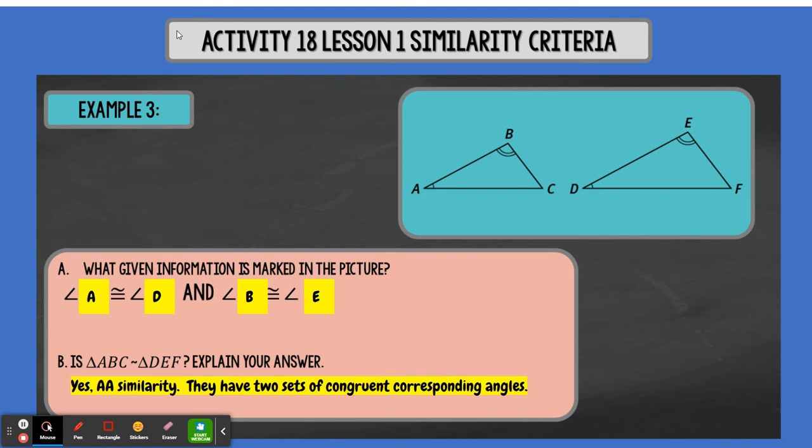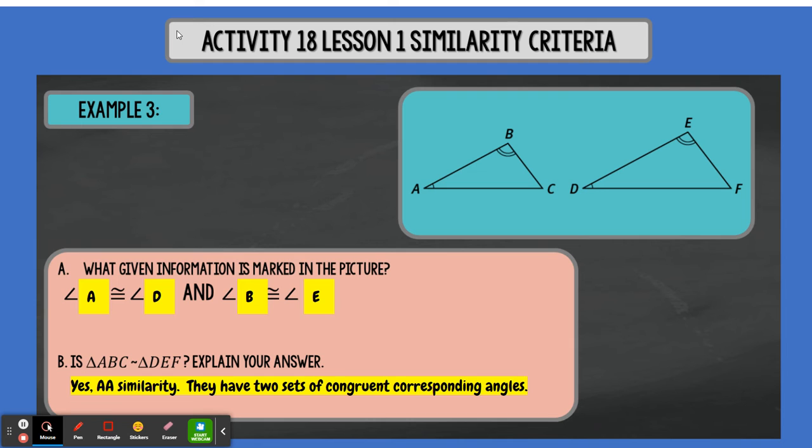Yes. AA similarity. The only thing I need to see is yes, AA similarity. Now, they have two sets of congruent corresponding angles. Again, that's the same as saying AA similarity. There's nothing to even be implied there. They are the same thing.